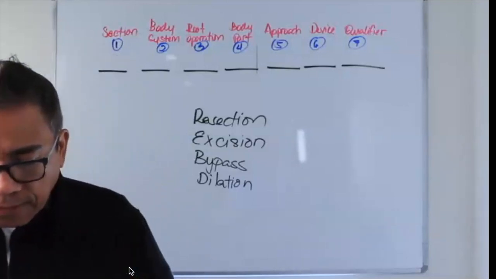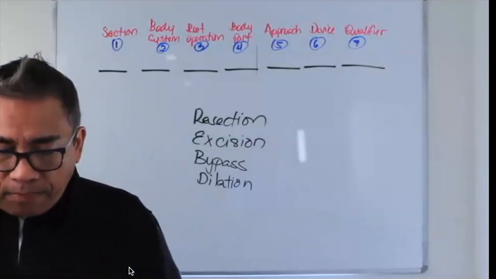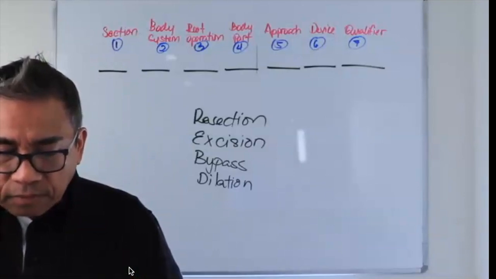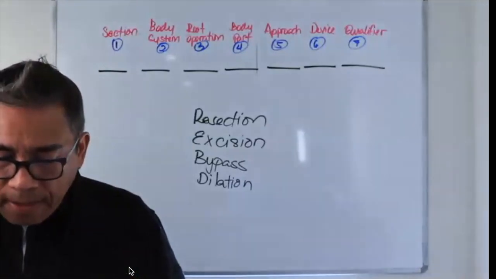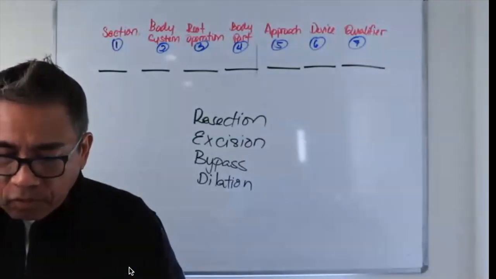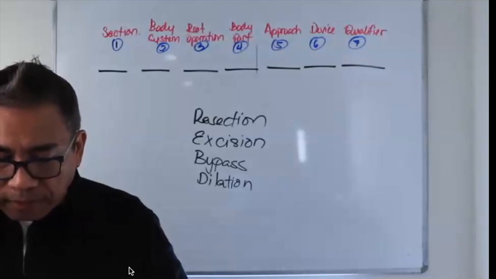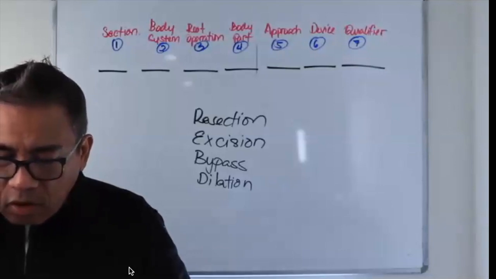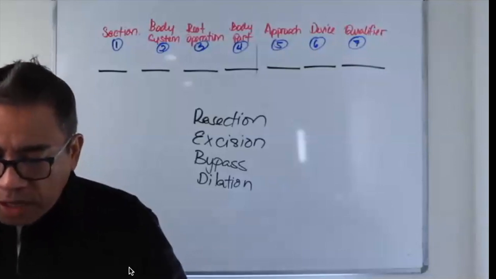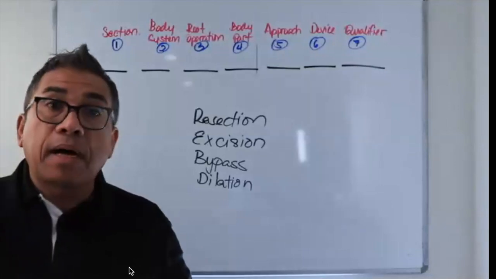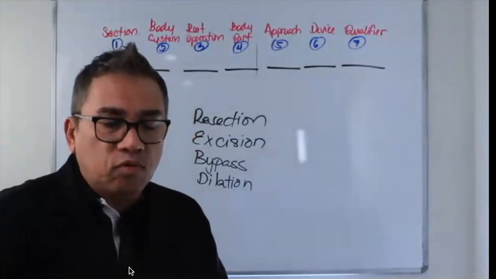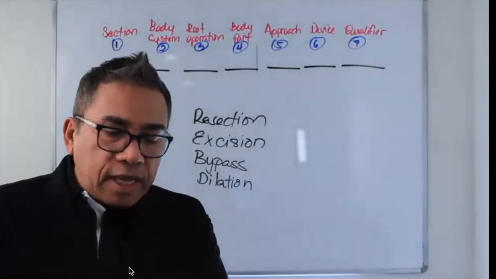Let me read. Resection is cutting out or off, without replacement, all of a body part. Cutting out or off without replacement all of a body part. That's what resection means.